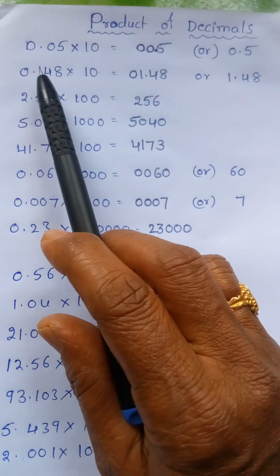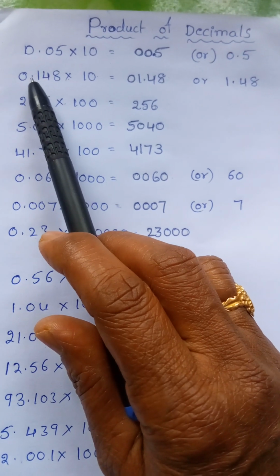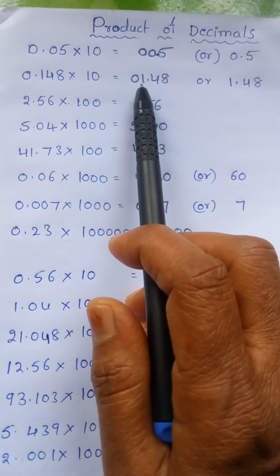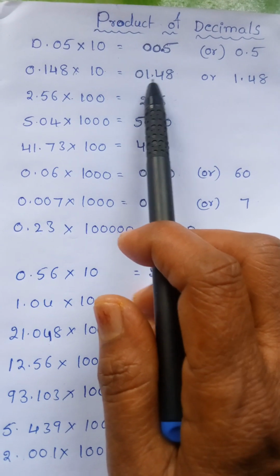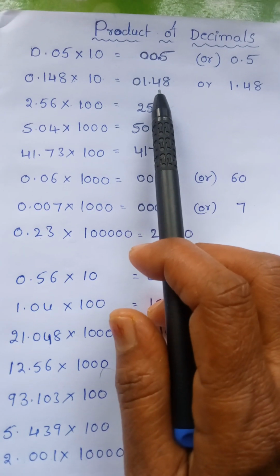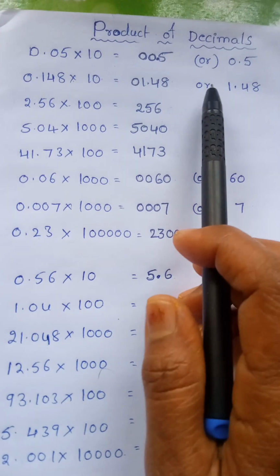In the question, the decimal point is before 1, and in the answer it is after 1. So the answer is 1.48.